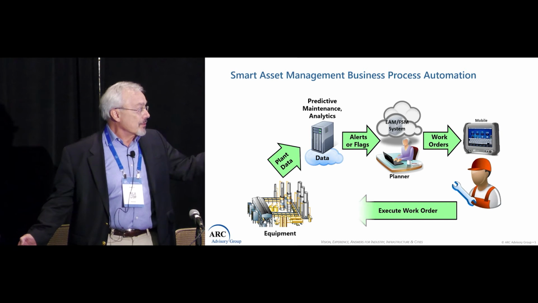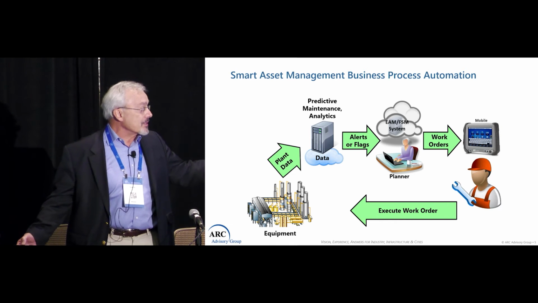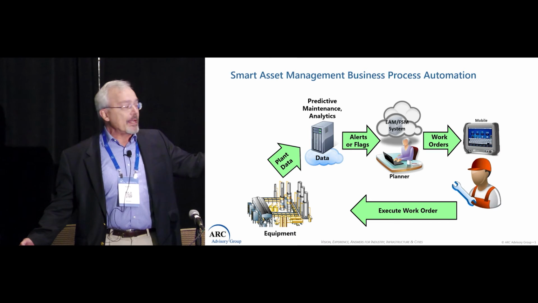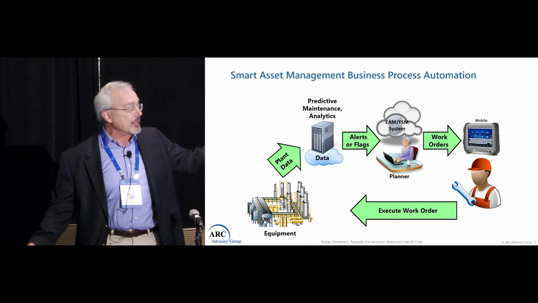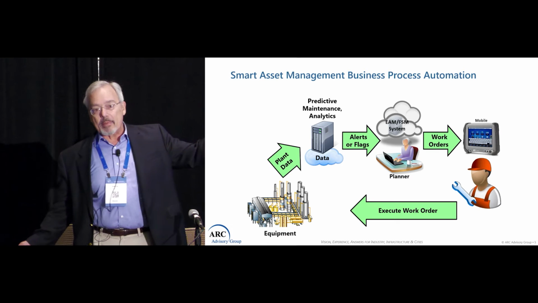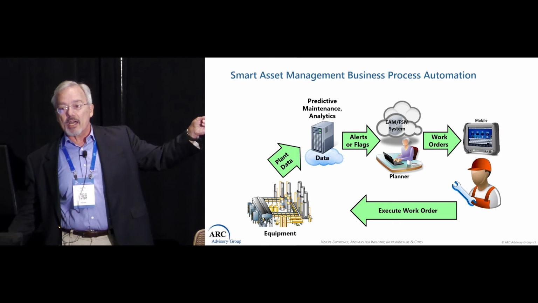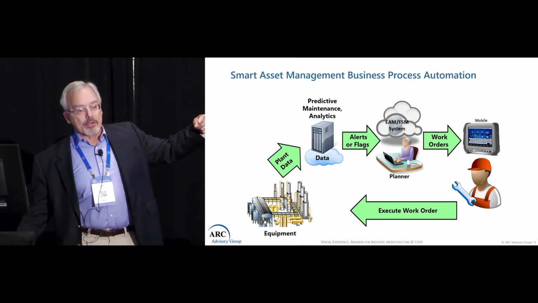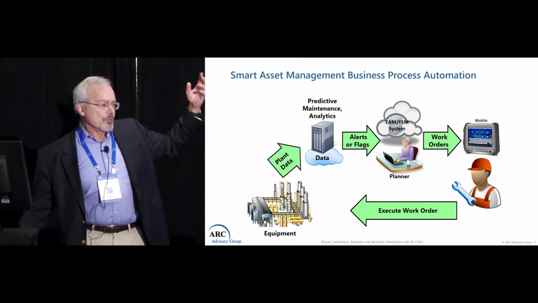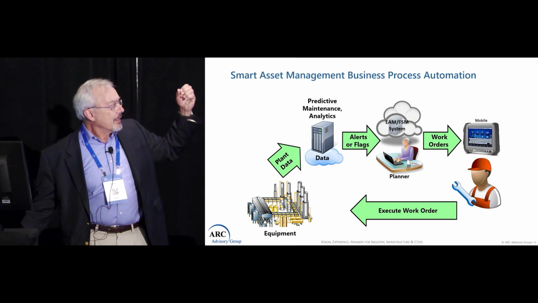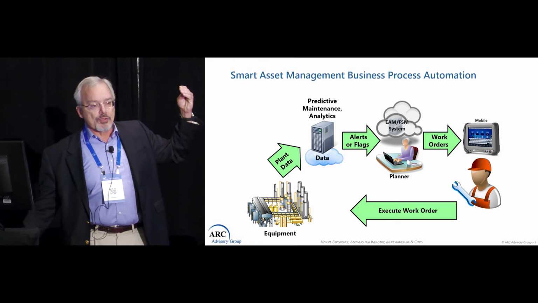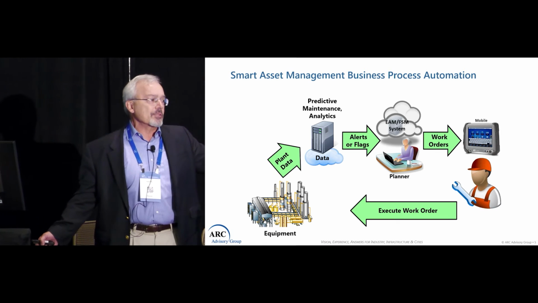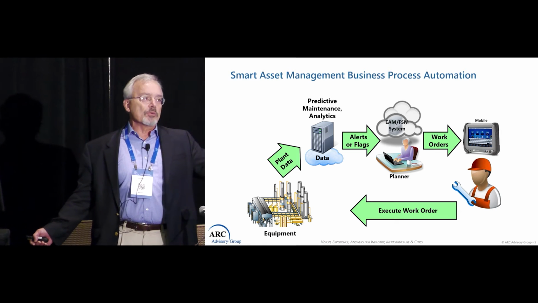And what ARC would recommend is that data goes automatically up to the cloud. You have some predictive maintenance applications up there for your critical assets. A flag goes to your maintenance planner that does some triage and sets priority. That becomes a work order that usually is sent to a mobile device so that the maintenance technician can process that work order while they're doing the work.